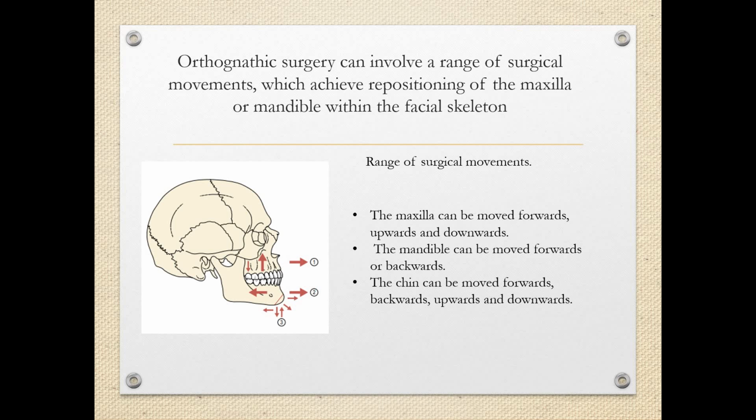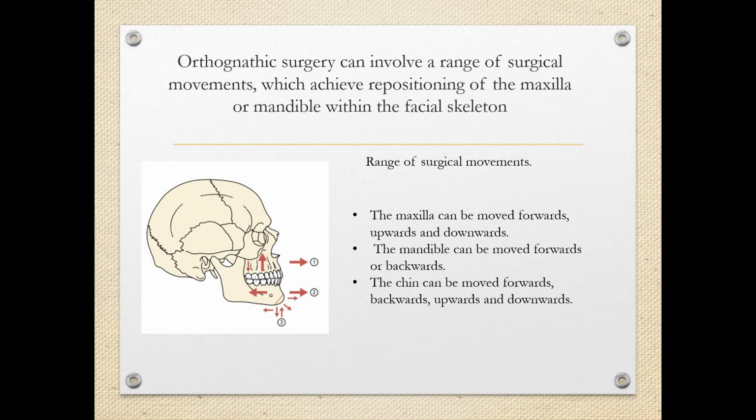Orthodontic surgery can involve a range of surgical movements which achieve repositioning of the maxilla or mandible within the facial skeleton. Surgery of this kind does not affect any inherent growth capacity that may reside in the jaws, and for this reason it is only carried out once skeletal growth has ceased in the adult.